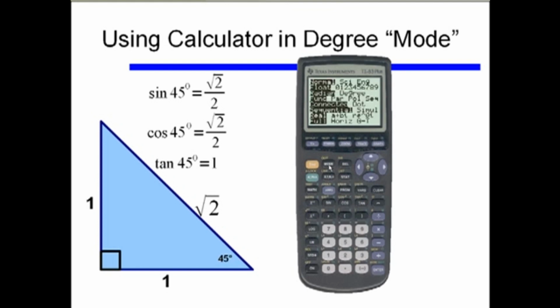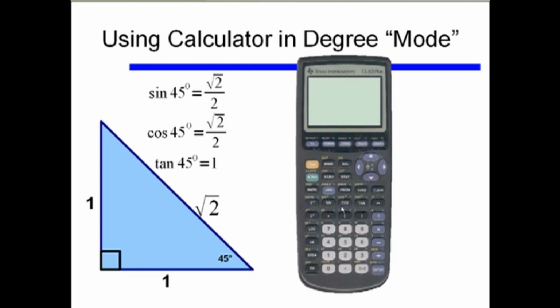I want to make sure the calculator is assuming I'm using degrees and not radians. And you can see that when you first start up your calculator, it generally starts off in radian mode. So we're going to scroll down to radian and scoot over instead to degree and hit enter. Now the calculator will be talking degrees, not radians.